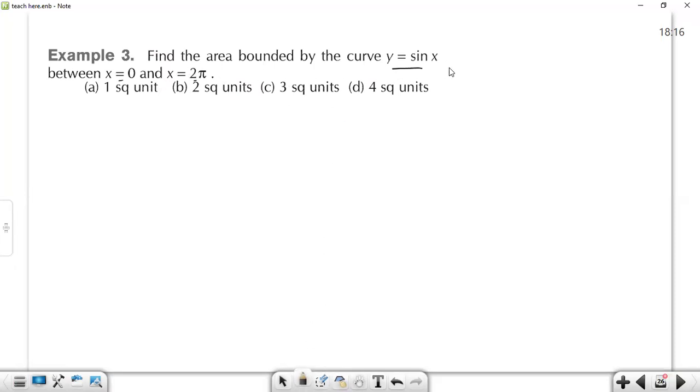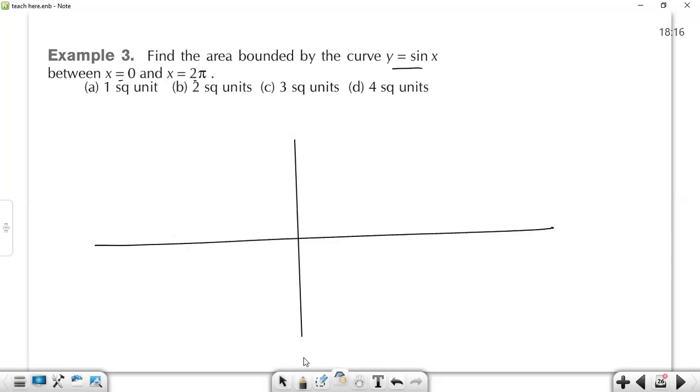So find the area bounded by the curve y is equal to sine of x, and x is equal to 0. So let us first draw the graph of sine of x. Let us consider this is x, and this is y basically.